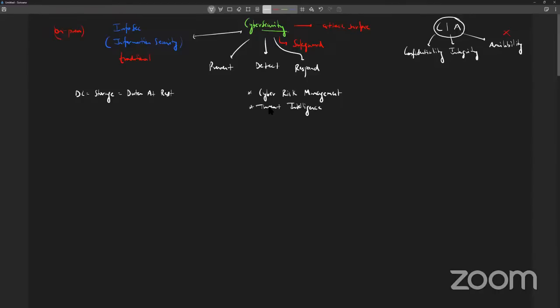Now, another thing that is there is incident response. Once an attack has occurred, how does an organization respond to it? How do you fix it? How do you analyze how much damage an attack has done?